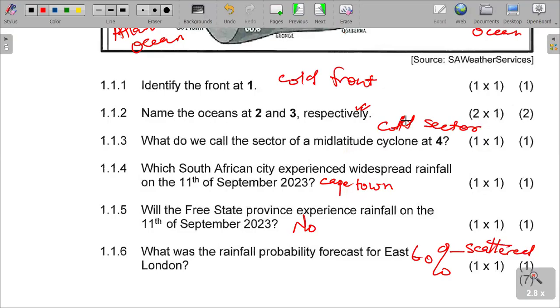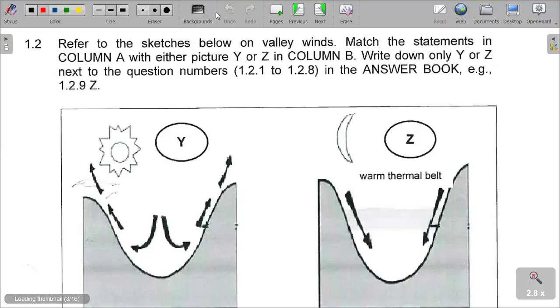Our next question: the sketches below show valley winds. Match the statements in column A with either picture Y or Z in column B. Write only Y or Z next to the question number in the answer book.